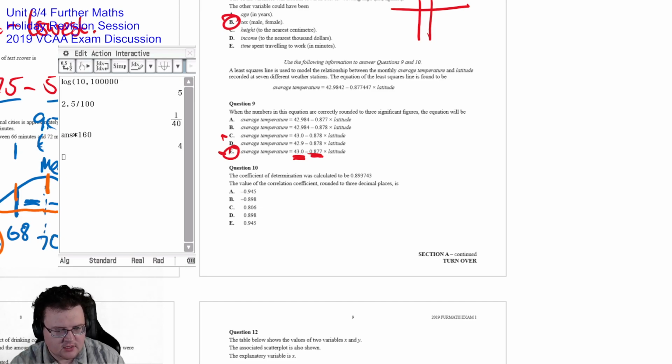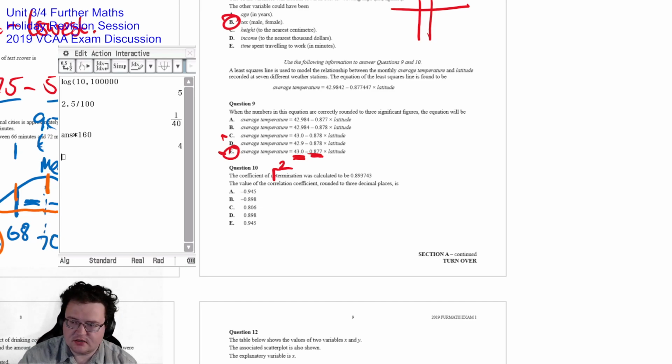What is the little nomenclature that we use when we talk about the coefficient of determination? That's the coefficient of correlation. What is the coefficient of determination? Thank you, R squared. So R squared was calculated to be 0.893743. The value of the correlation coefficient rounded to 3 decimal places.